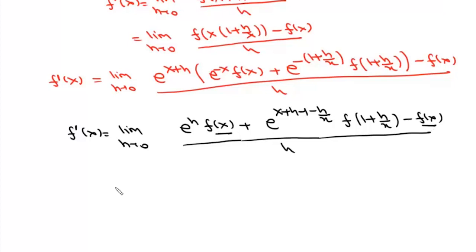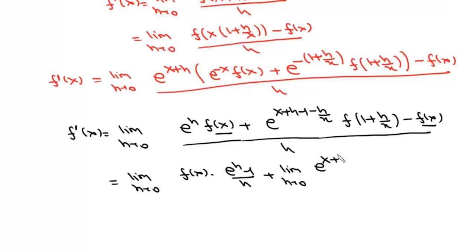Now we'll take f(x) together. We can rearrange this as the limit h tends to 0 f(x) into e to the power h minus 1 upon h, and then plus the limit h tends to 0, and here it is e to the power x plus h minus 1 minus h upon x, f(1 plus h upon x). Now we know that f(1) is 0, so we can write this as f(1 plus h upon x) minus f(1), whole divided by h. Now we'll multiply and divide it with x also.